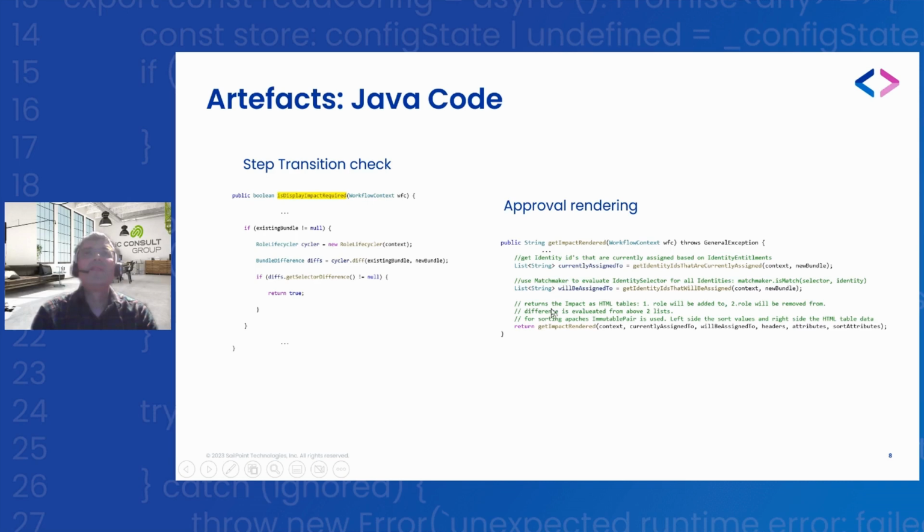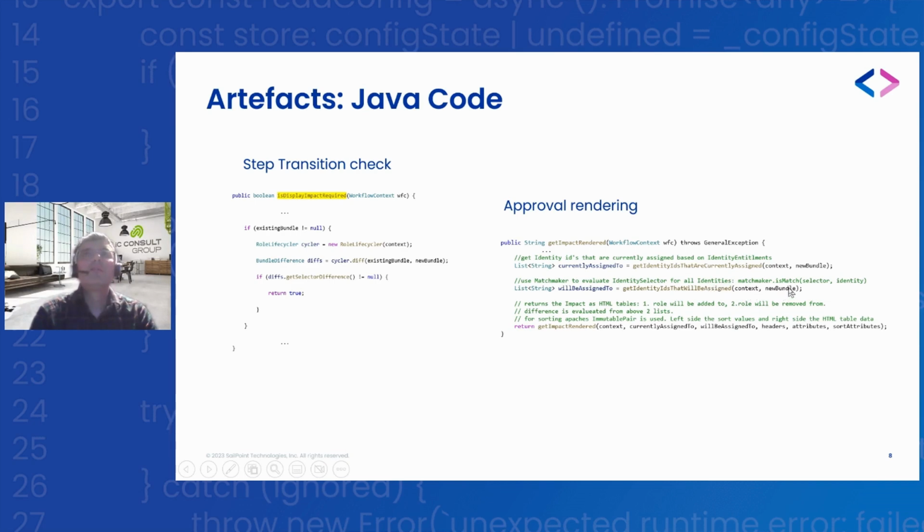For the rendering of the approval, we have the following code calculations. First, we get all the identities that currently have the role assigned, based on the identity entitlements of the user. Next, we check which identities will get the role with the new rule.